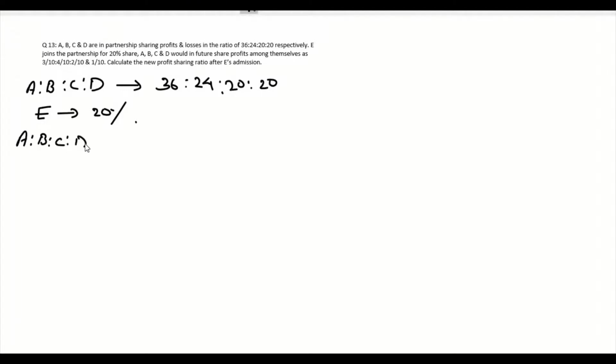Okay, we have A, B, C and D as partners. Their existing profit sharing ratio is 36:24:20:20. They admitted E for 20% of share in profit, and later on the new profit sharing ratio between A, B, C and D is going to be 3 by 10 is to 4 by 10 is to 2 by 10 is to 1 by 10.